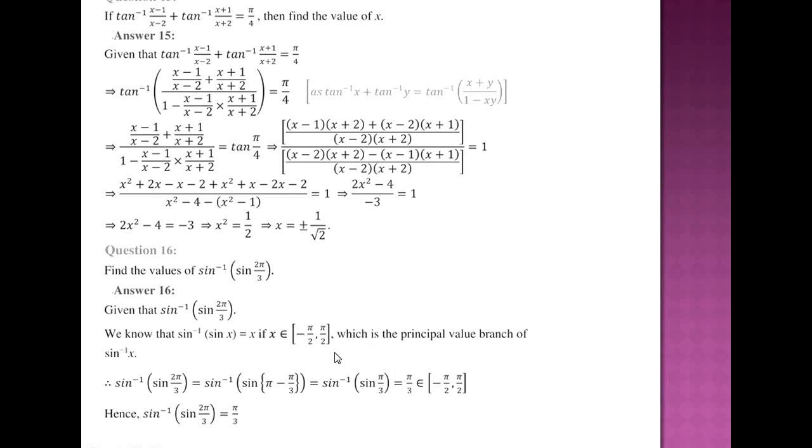Now ask yourself, is pi by 3 lying in the interval minus pi by 2 to pi by 2? The answer is yes, a big yes. Hence the value of this is nothing but pi by 3. Don't say that the answer is 2 pi by 3 on nullifying, because 2 pi by 3 does not lie in this interval. So we have to forcibly make it lie in the principal value branch, right? That is the technique.